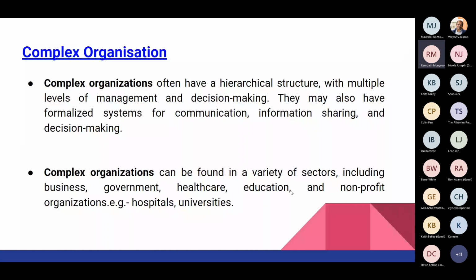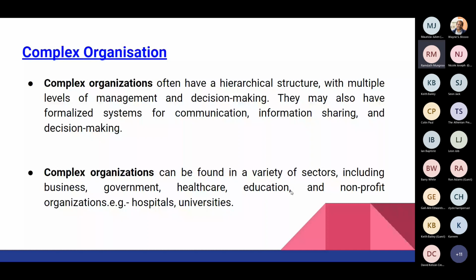So complex organizations often have a hierarchical structure with multiple levels of management and decision making. They may also have formalized systems for communication, information sharing, and decision making. Complex organizations can be found in a variety of sectors, including business, government, healthcare, education, and non-profit organizations.